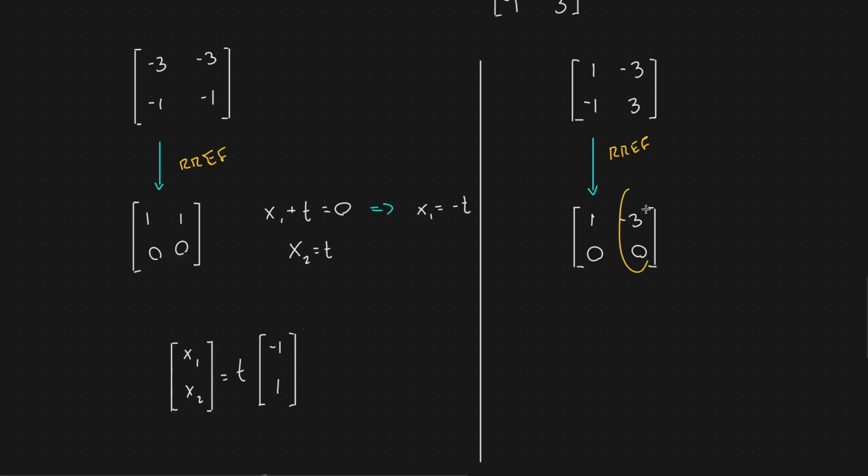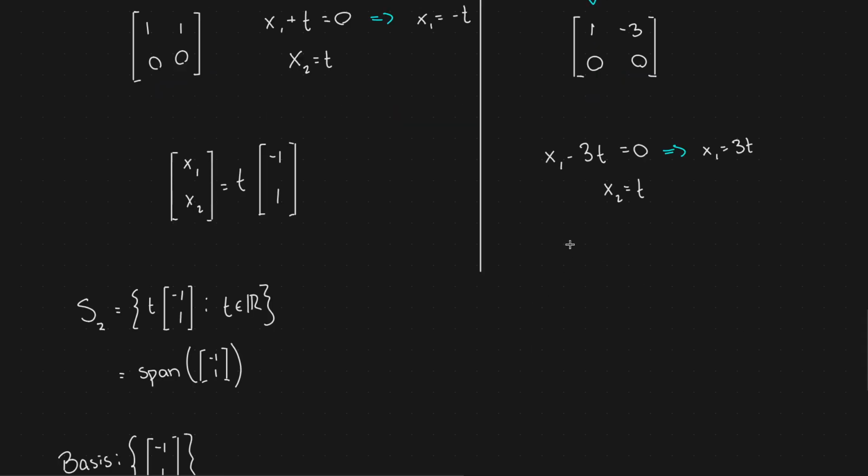I do have a free variable. x2 would be my free variable. So let's assign x2 to be t. And then row 1 tells me 1x1 minus 3x2 will be equal to the augmented part 0. And so swapping out x2 for t and solving for x1, I get x1 equals 3t. And so my solution here is all vectors that can be expressed as t times 3, 1.